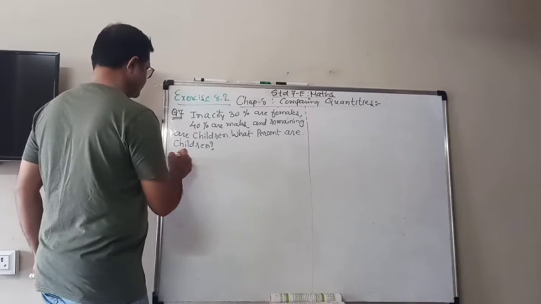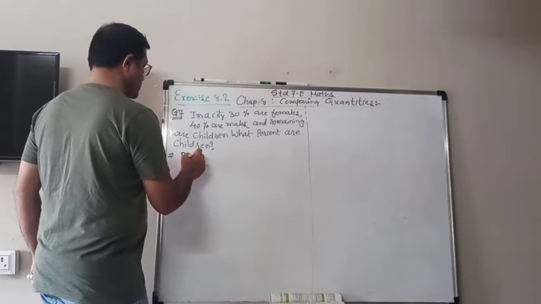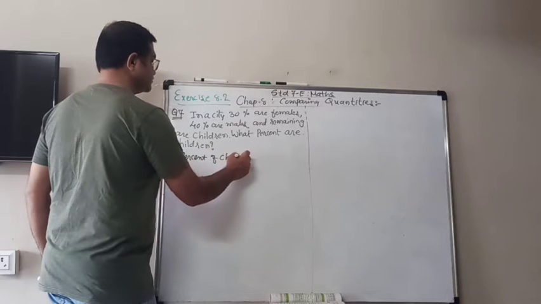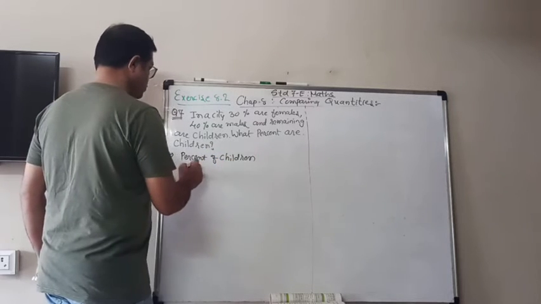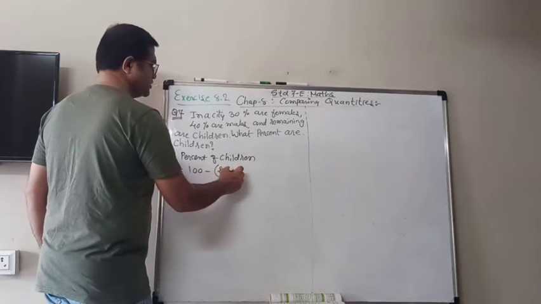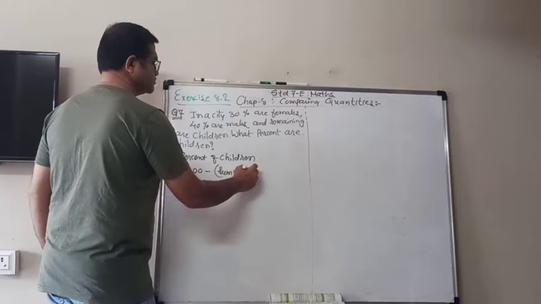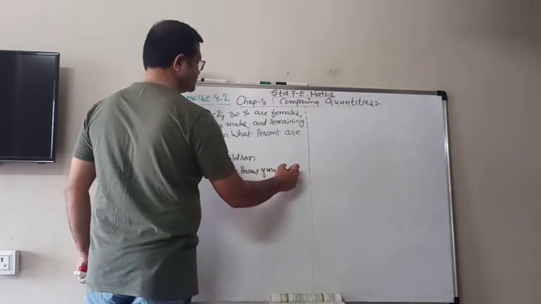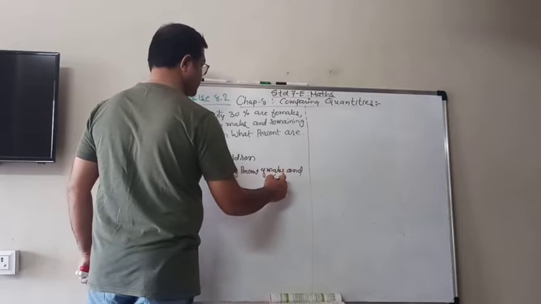So here percent of children is equal to 100 minus sum of percent of males and females.